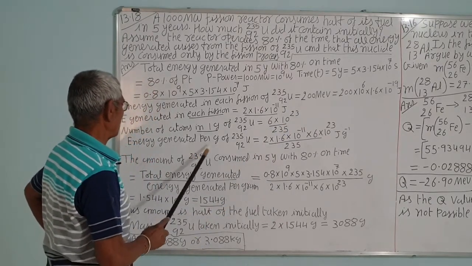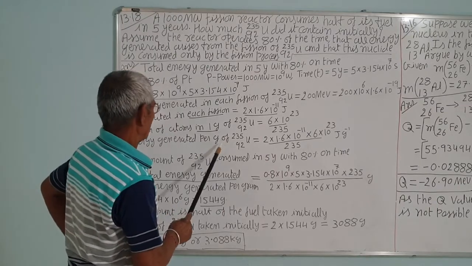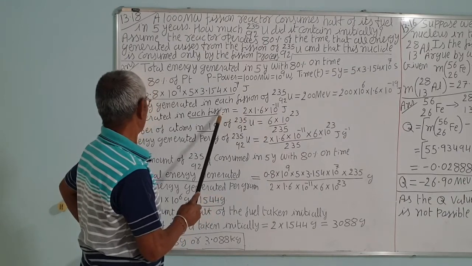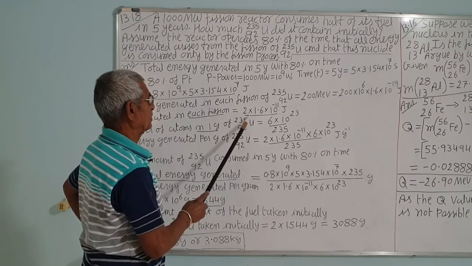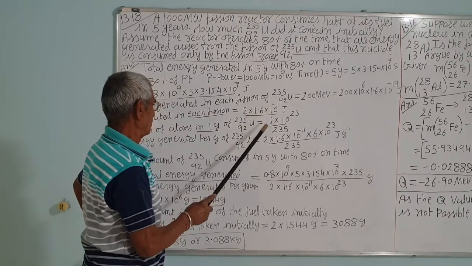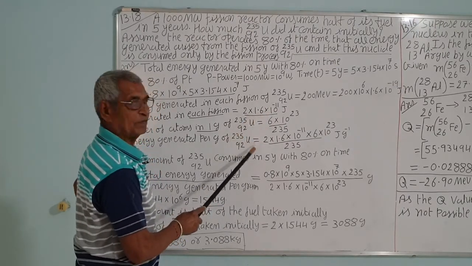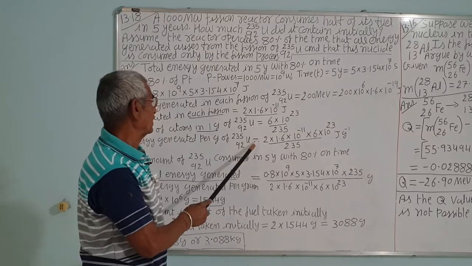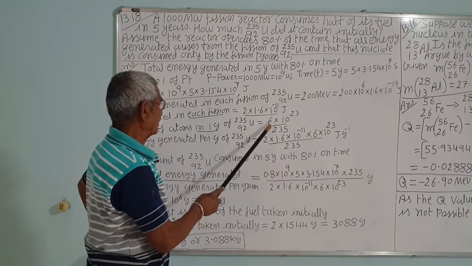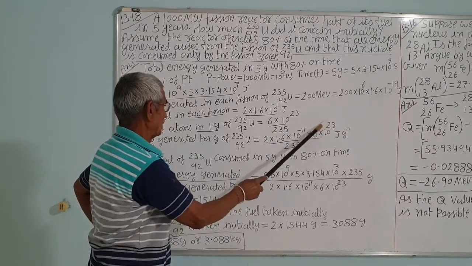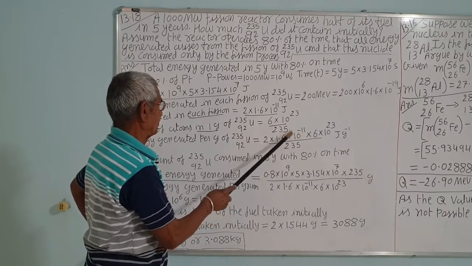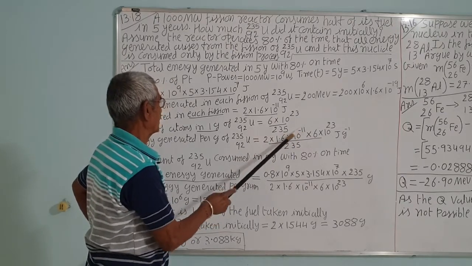So energy generated per gram: in 1 gram the number of atoms is this, and in 1 atom the energy generated is 2 into 1.6. So total energy when 1 gram uranium undergoes fission is the number of atoms in 1 gram, 6 into 10^23 upon 235, multiplied by the energy produced in 1 fission of 1 atom.